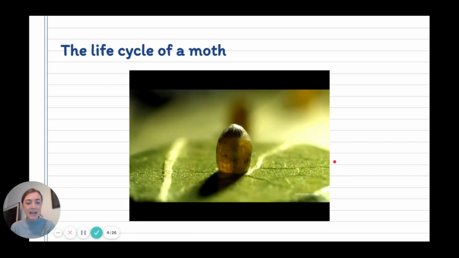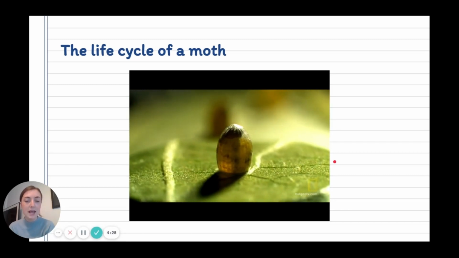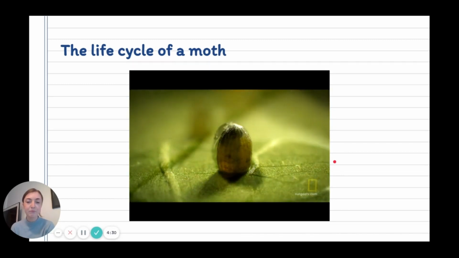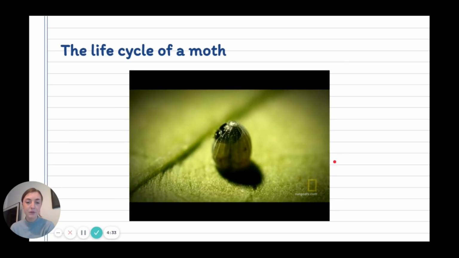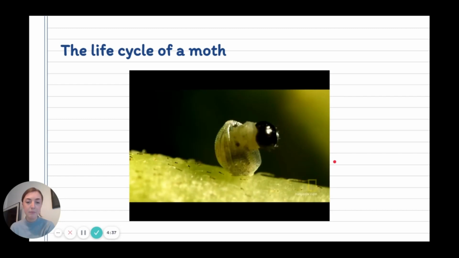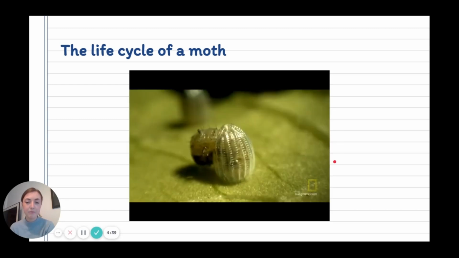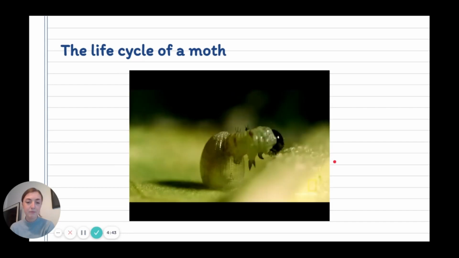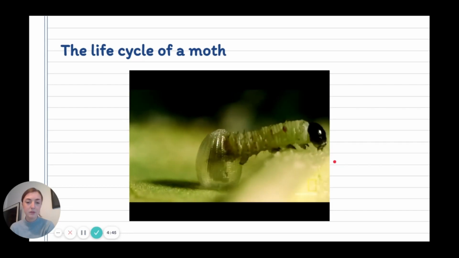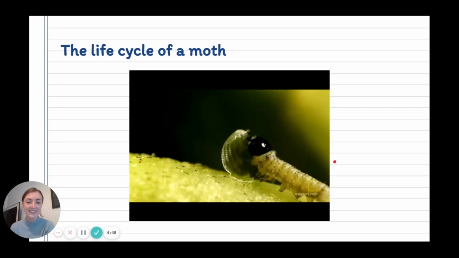So this is the egg. This is how all moths begin their life, as an egg. And you can see something trying to break out of the egg. What do you think that is?